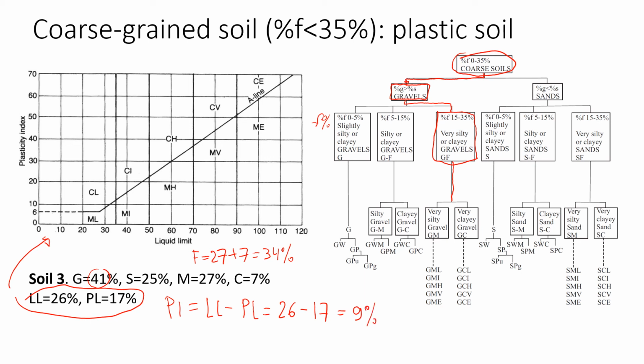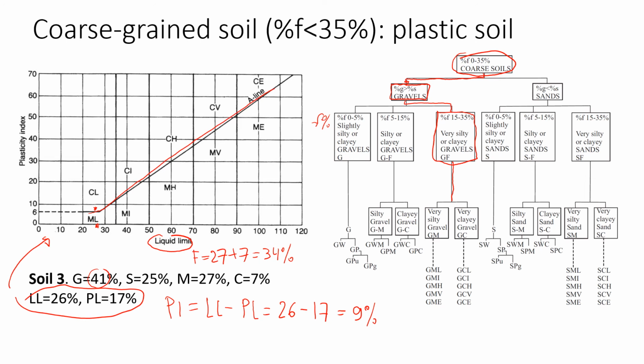So now we're going to look at the chart. We first look at liquid limit, and liquid limit is 26. It's somewhere here. And plasticity index is 9, which will give us clay, because this point is above the A line, which is the A line.